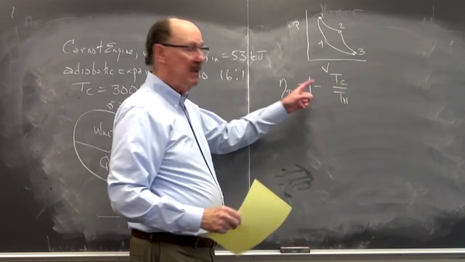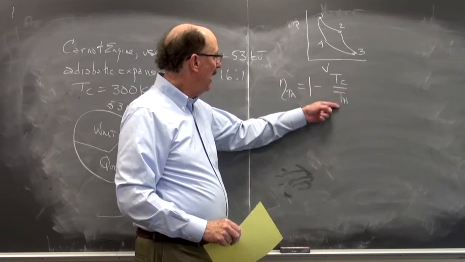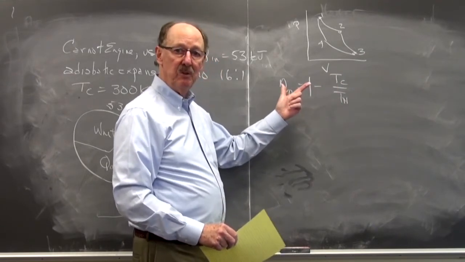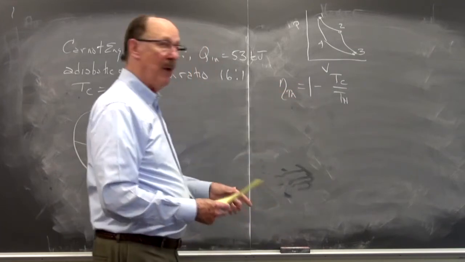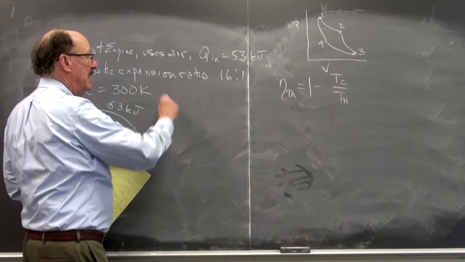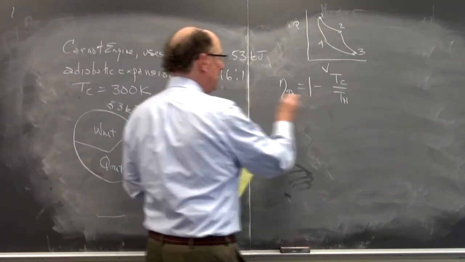But I know TC is 300. I don't know TH, and I don't know the thermal efficiency. So one equation and two unknowns is not good enough. So I now go back to algebraic problem solving, and I look to see what else I have here.